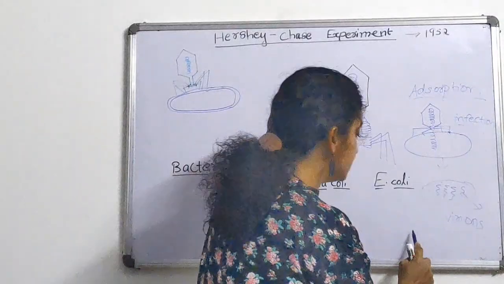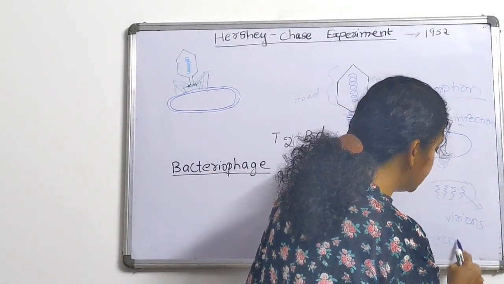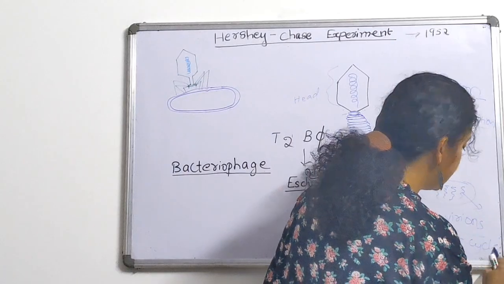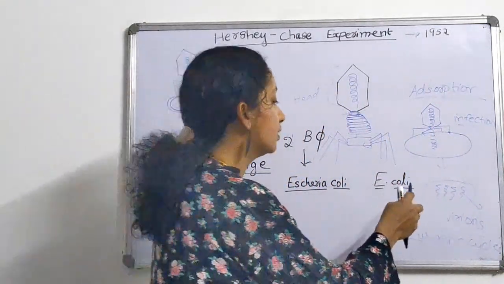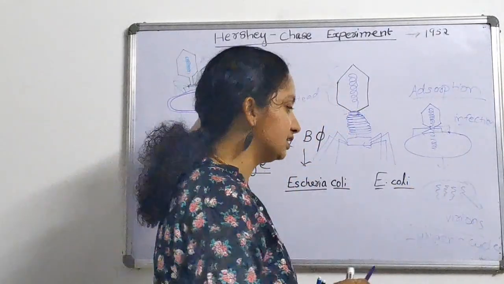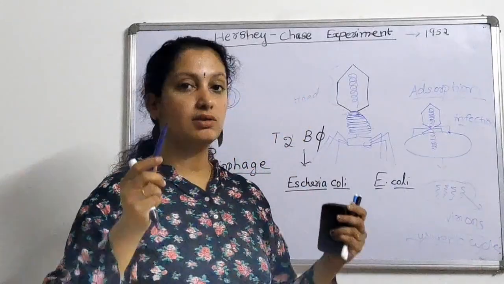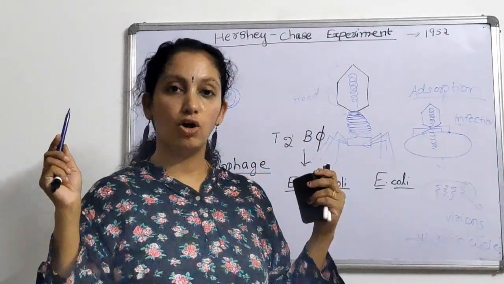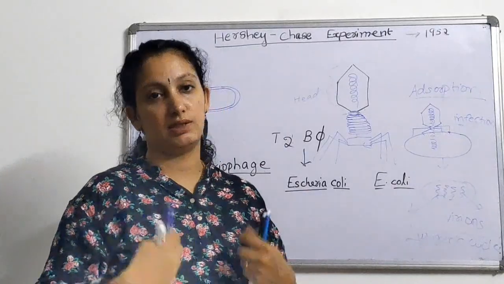Here the cycle is called the lytic cycle. Later, after the maximum multiplication has occurred, the virus will rupture the plasma membrane of E. coli and release all these virions outside.